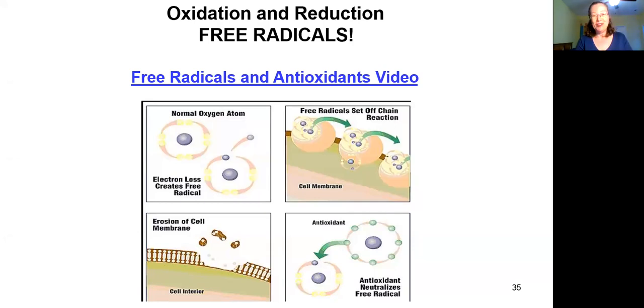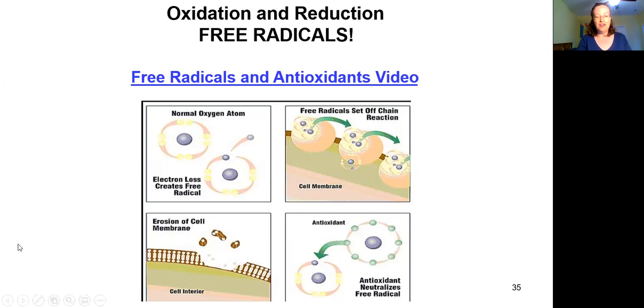It's got an unpaired electron now and it's unhappy. So that atom goes running around and finds another atom that it can take an electron from. Now it's more stable than it was to begin with, but it has created a new free radical. That free radical goes out, finds somebody to steal an electron from, becomes stable itself, but now there's a new free radical, and so on and so on.